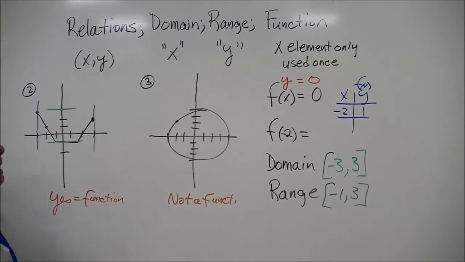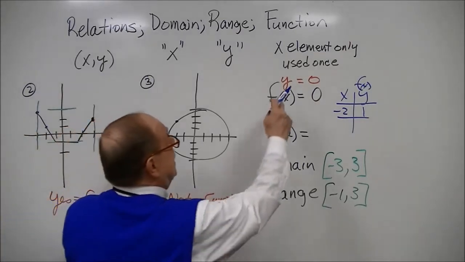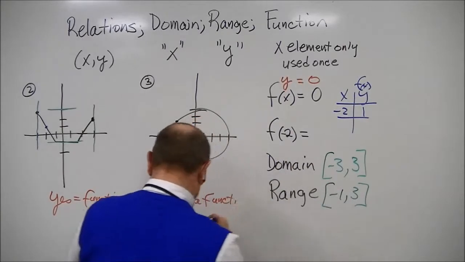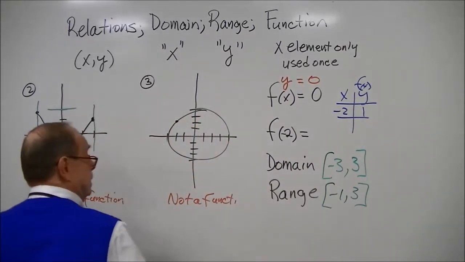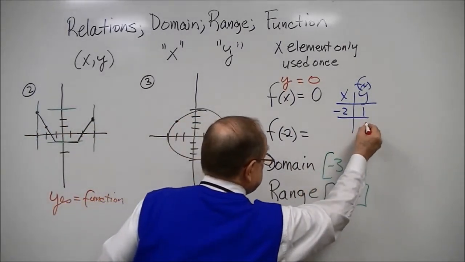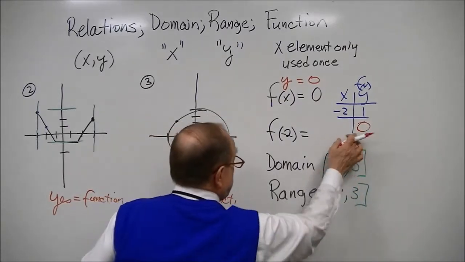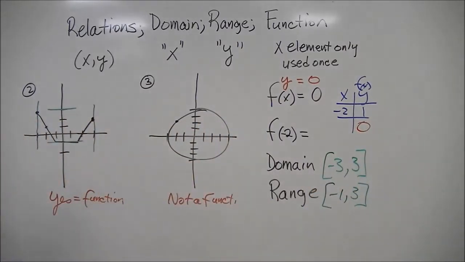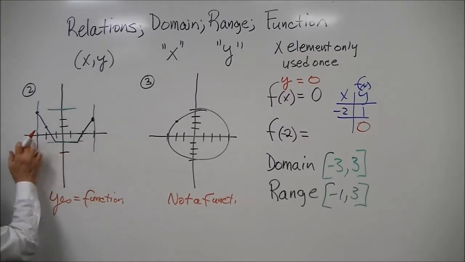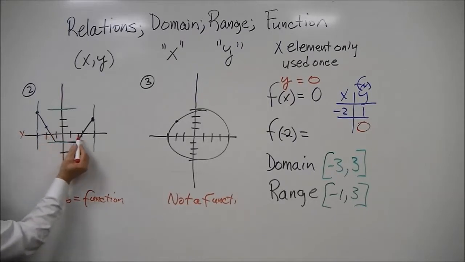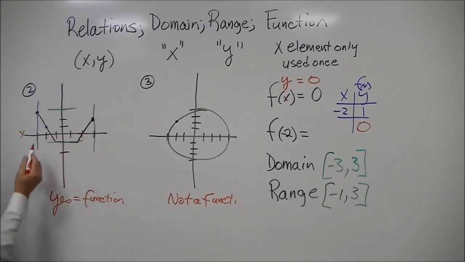And if our y value is 0, let's change colors here. What will our x value be? Well, notice it's crossing the x-axis in two places, there and there.